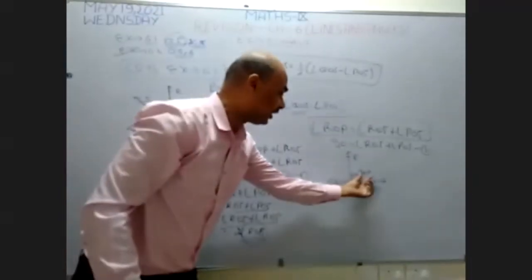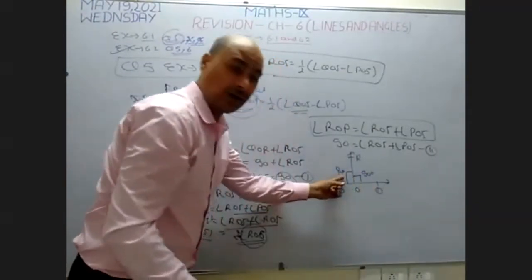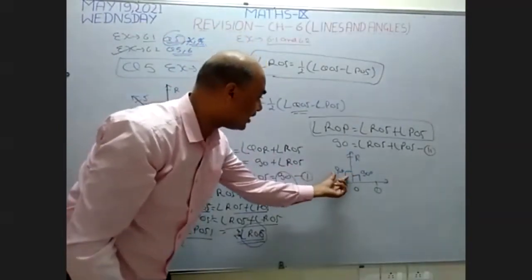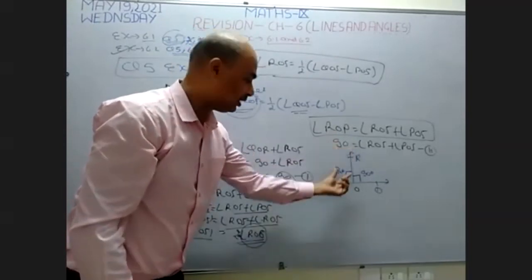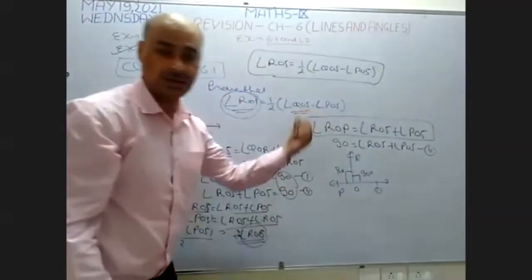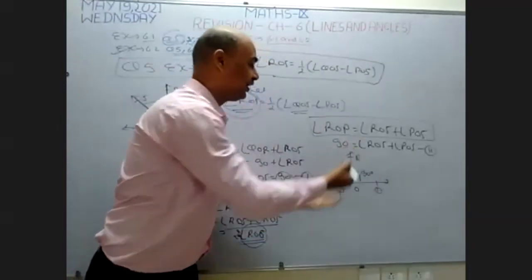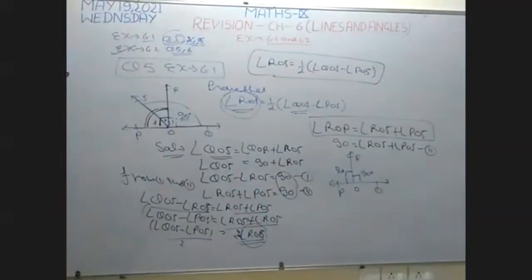Yes, sir. From left and from right also 90 degrees. So ROP becomes 90 degrees. This is the reason instead of ROP I write 90 degrees, since a perpendicular makes a 90 degree angle. Okay, sir. Thank you.